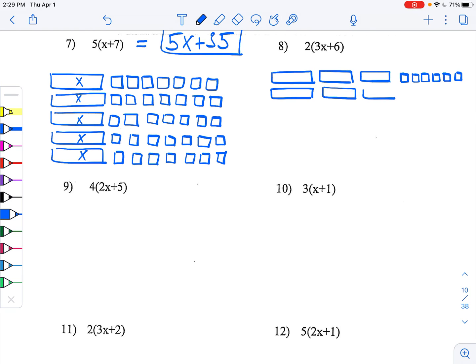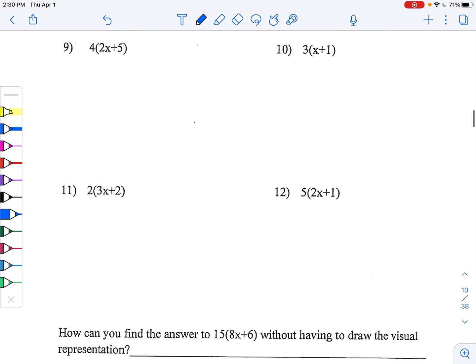Excellent. So what do you see in total? Your like terms: you would see 6 x's and you have 12 units. So that's 6x plus 12.